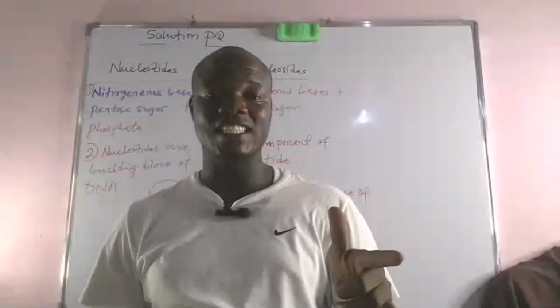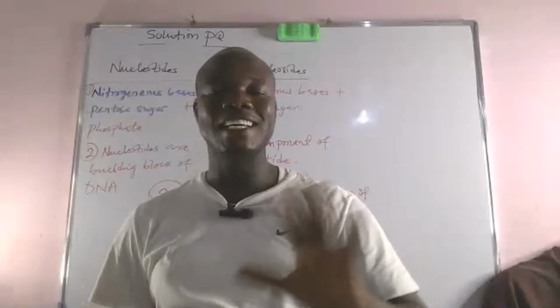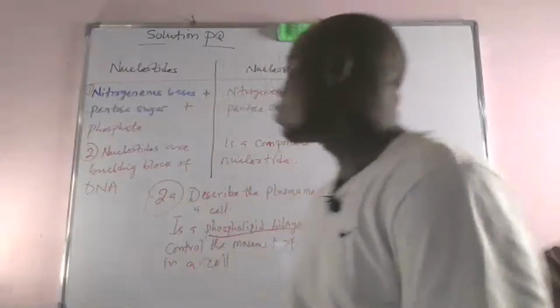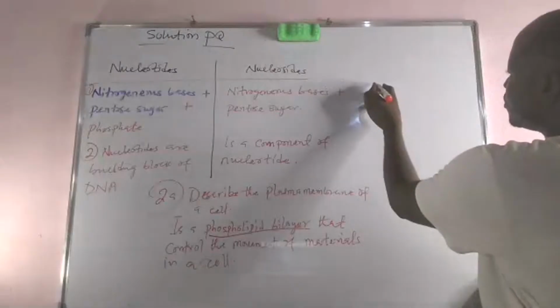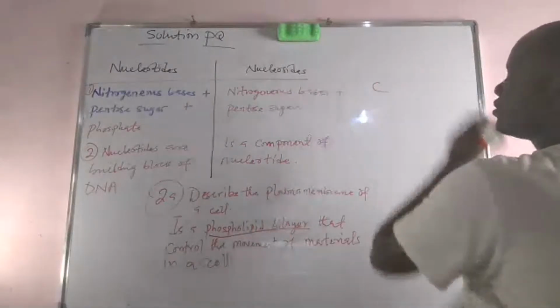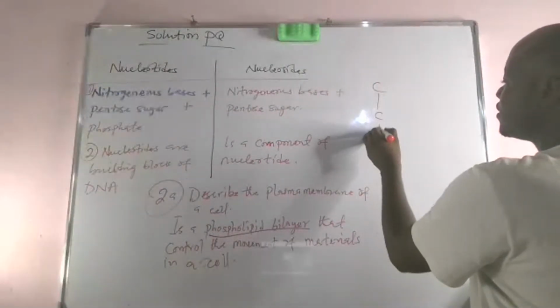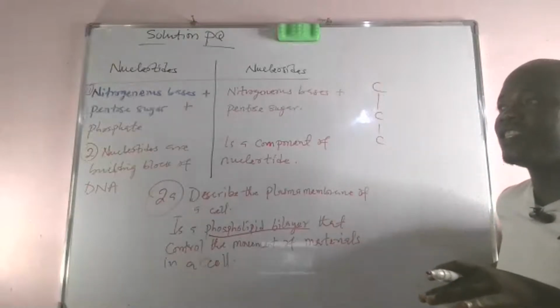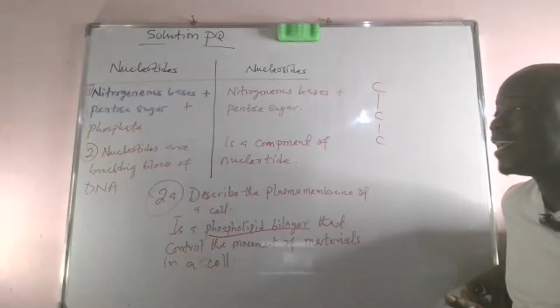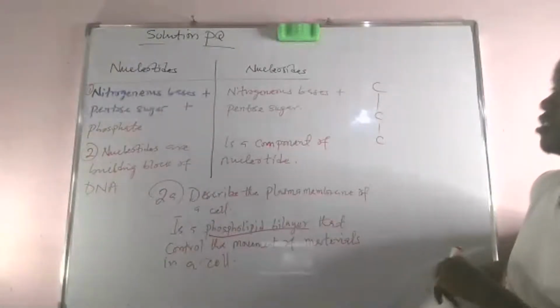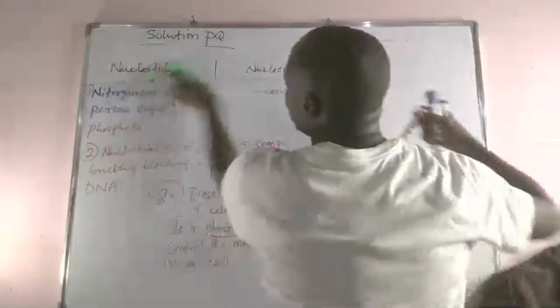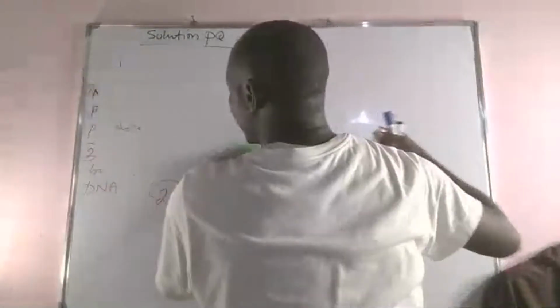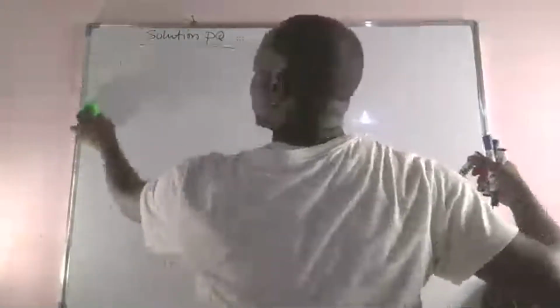Hydrophilic heads and hydrophobic tails. So what is the phospholipid bilayer? Ladies and gentlemen, do you remember that a phospholipid is an example of a complex lipid? So how are these complex lipids structured?